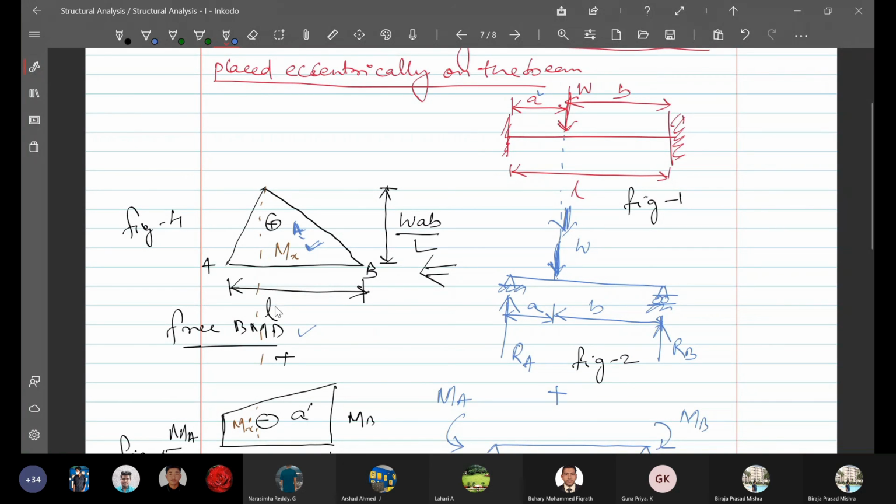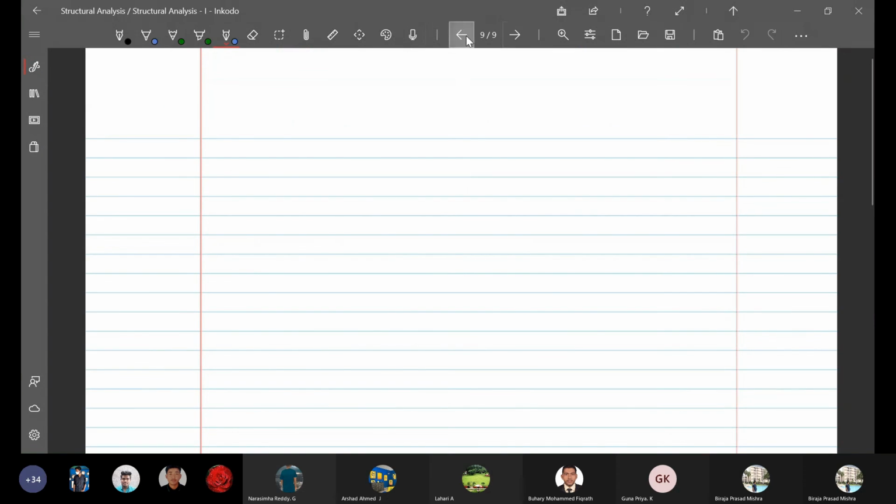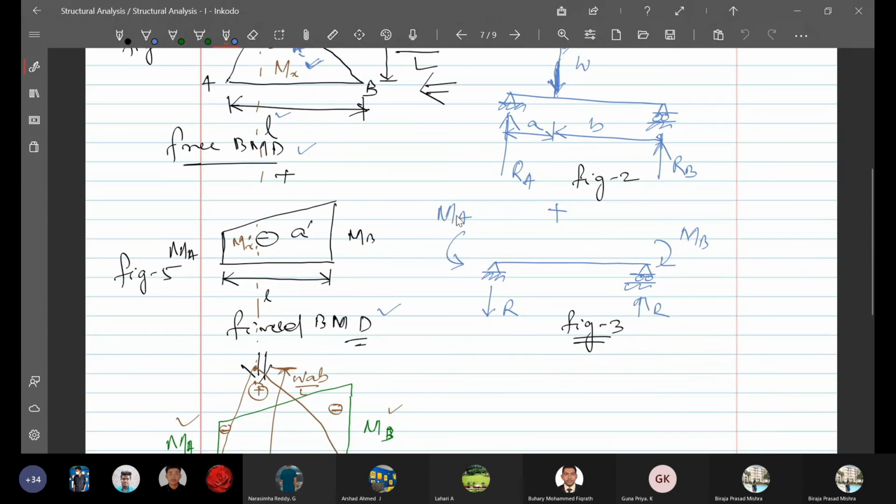Half into base L, height is WAB by L. So half into L into WAB by L equals... now what is the area of this one?